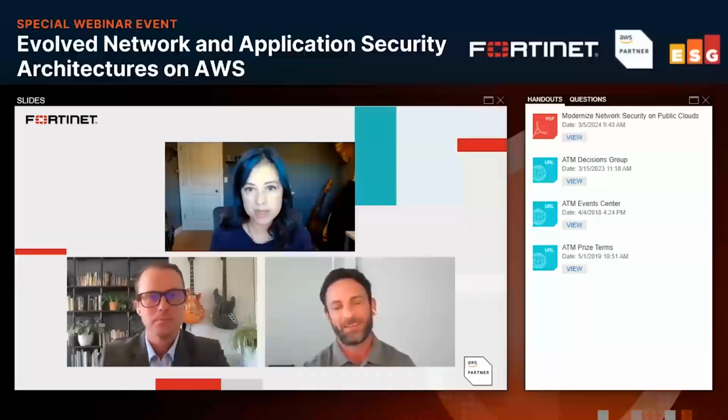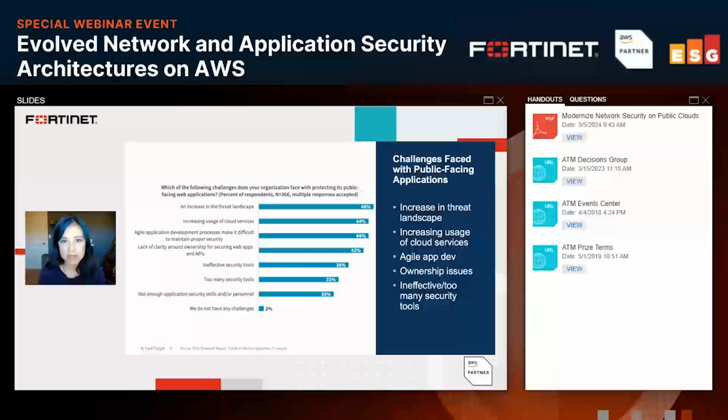So this is what we see with security challenges when they have an increasing number of applications that are public facing, because it's just so easy to deploy them on these public cloud services. So they're facing challenges like the increase in the threat landscape, increasing usage of cloud services.